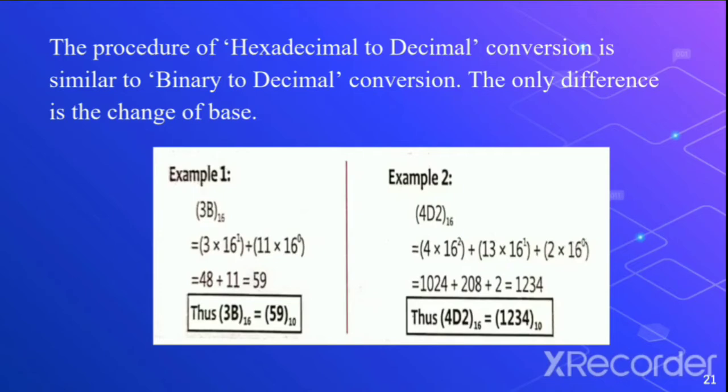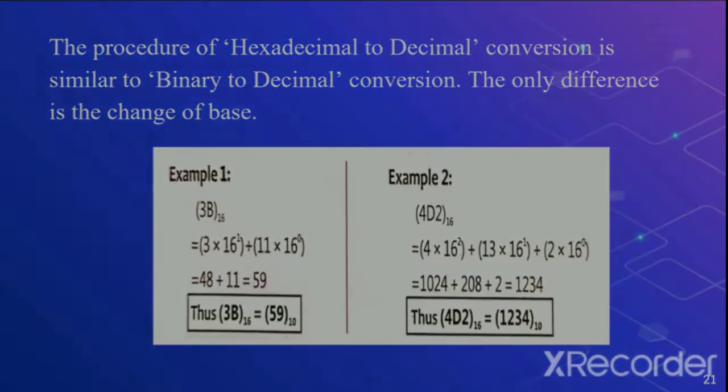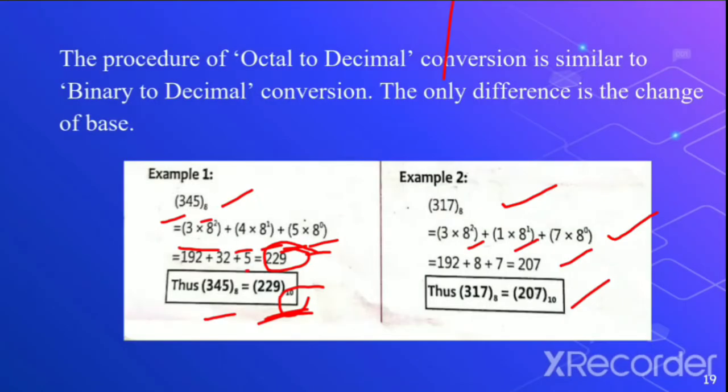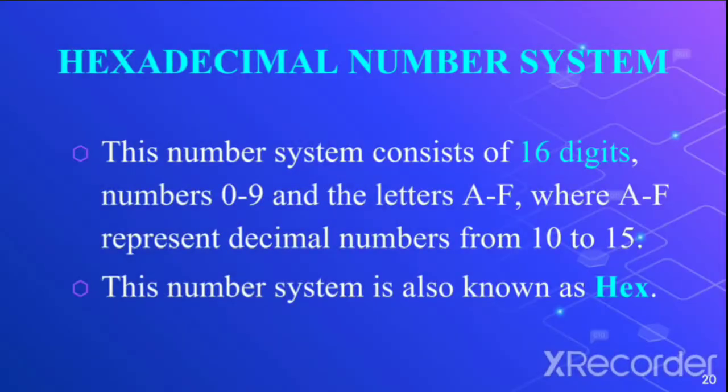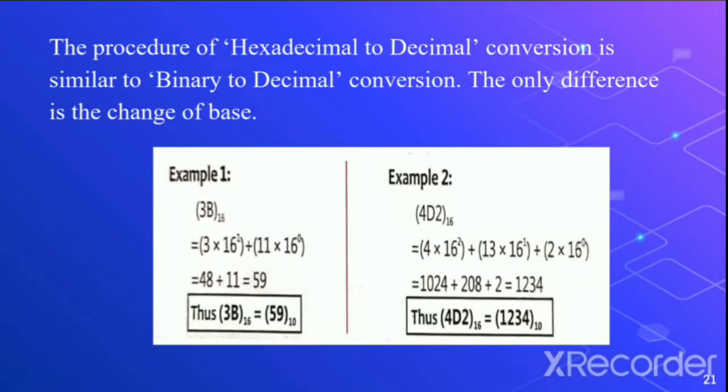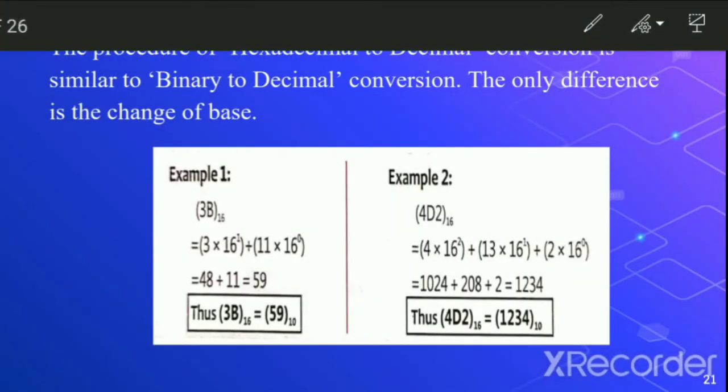So in this we have to convert a hexadecimal number into decimal number system. This is the hexadecimal number given to us, and how can we identify it? Just look at the base, it's 16, that means it is a hexadecimal number and we have to convert it into decimal number system.